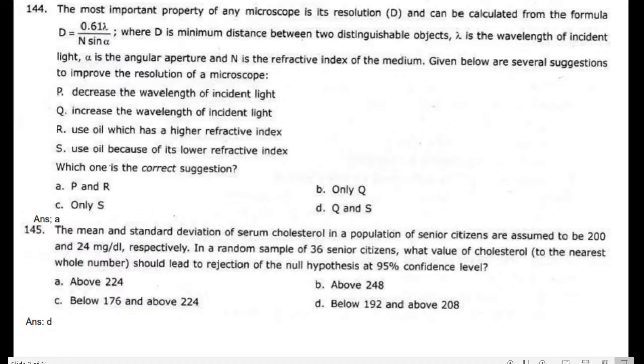Oils with a higher refractive index show better resolution and better image clarity. So two things are here: decreasing the wavelength of incident light, and using a higher refractive index oil.